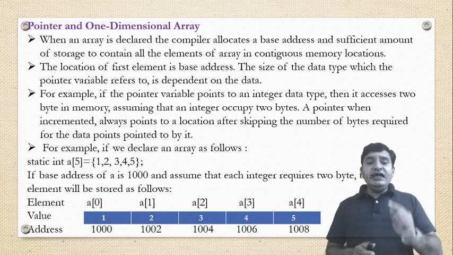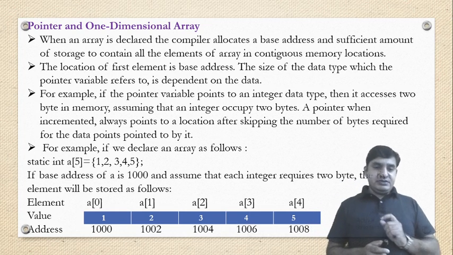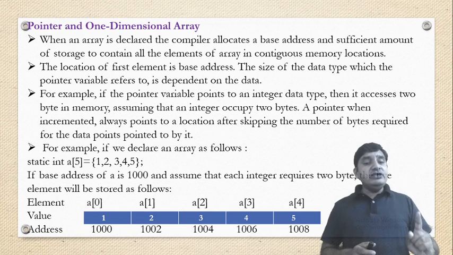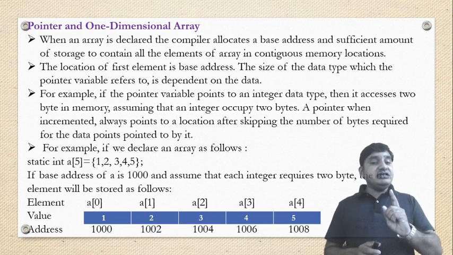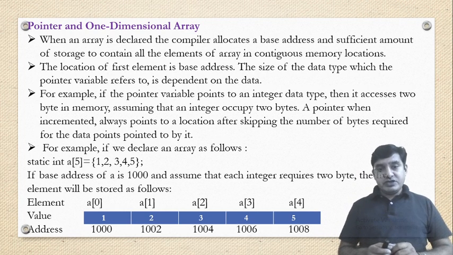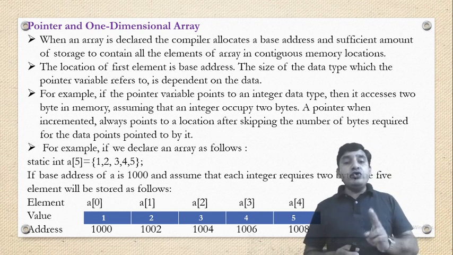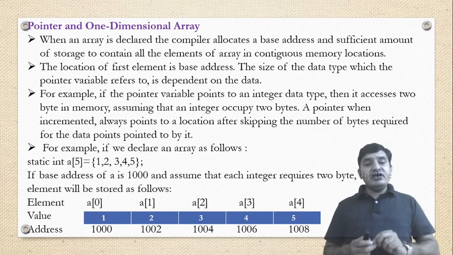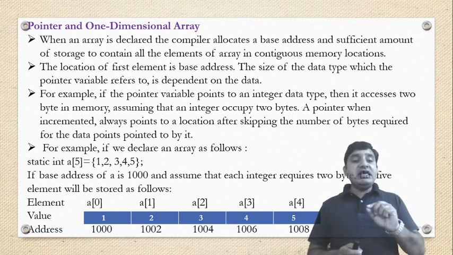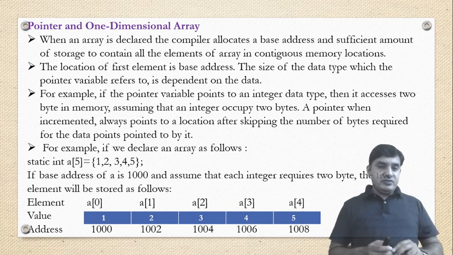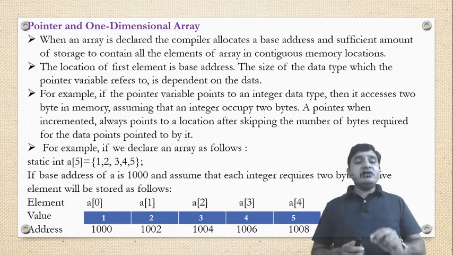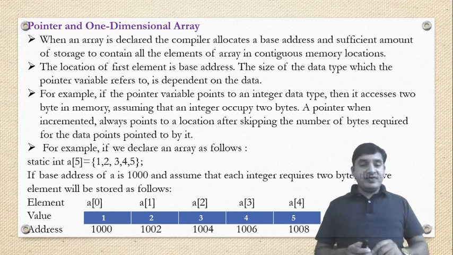The first element is a[0], its value is 1 and its address is 1000. It is 2 bytes, and therefore the second element is a[1], its value is 2 and its address is 1002.